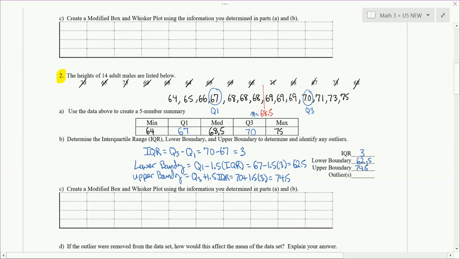And then we can check if we have any outliers. Anything below 62.5 is considered an outlier, but our lowest is 64, so that's not below our lower boundary. Anything above 74.5, our upper boundary, would be considered an outlier, and we do have one of those. So in this case 75 is our only outlier.